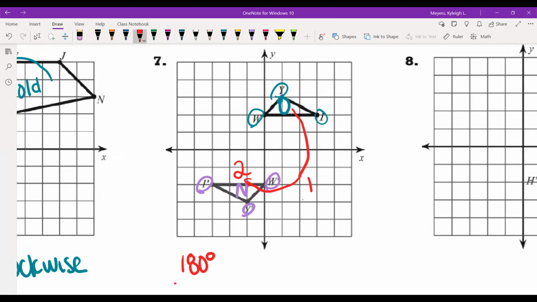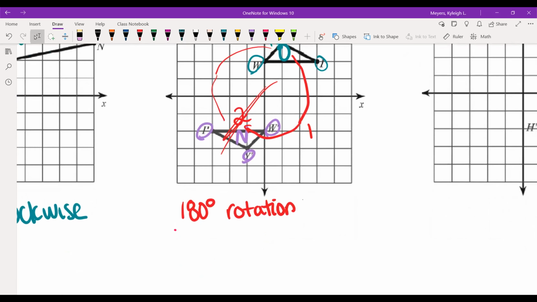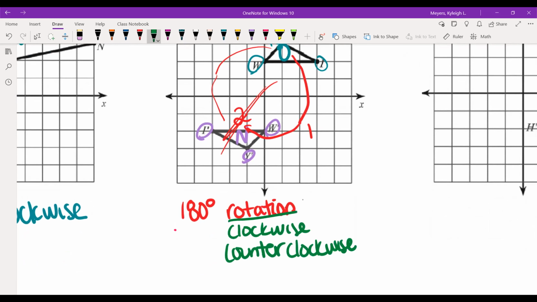And then I ended up going clockwise, but you could just say 180 degrees rotation, because no matter if you go clockwise or counterclockwise, it will always go once, twice. It'll always land diagonal. So you could just say 180 degrees rotation. If you want to say clockwise, that's fine. That's also correct. If you want to say counterclockwise, that's also correct. But since it's 180, I would just say rotation.